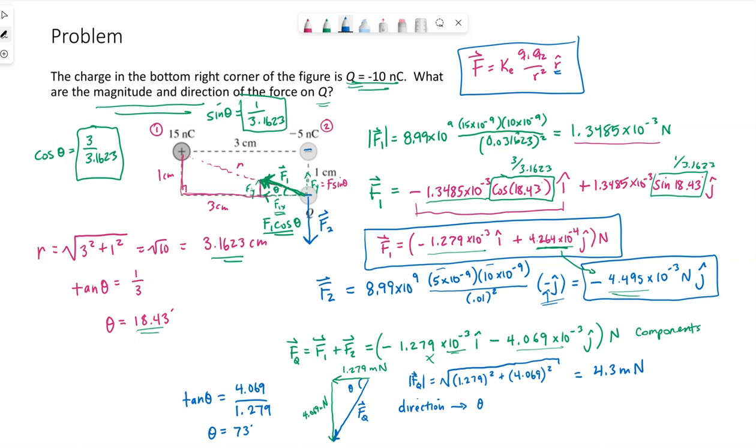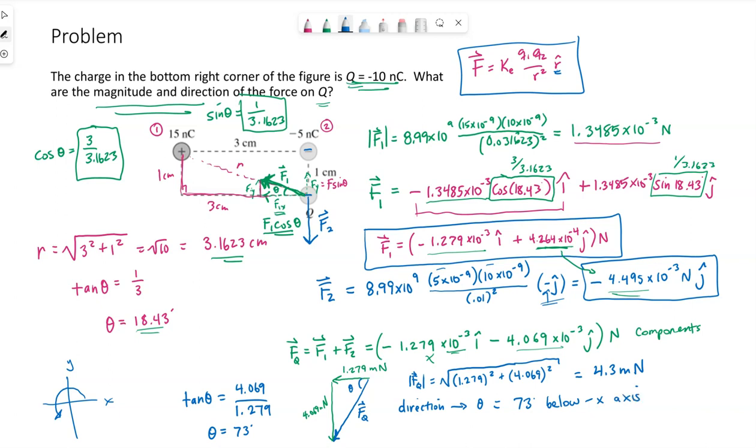Now I can't say my direction is 73 degrees because this angle is always related to our polar coordinate system, which measures angles counterclockwise from the positive x-axis. So we could say 73 degrees below the negative x-axis.